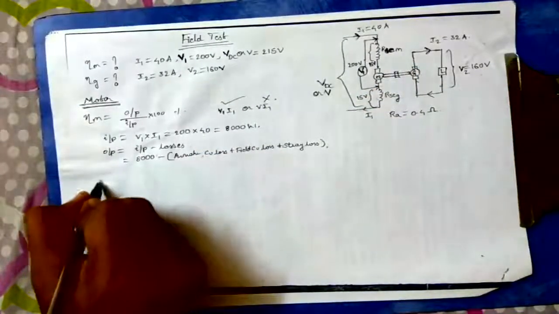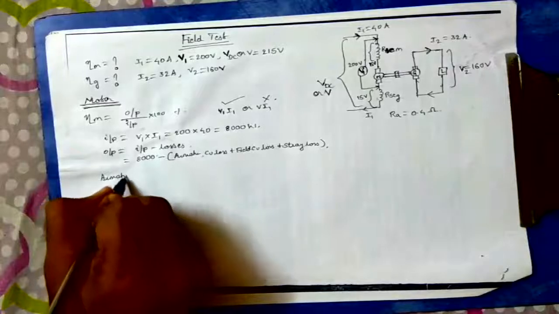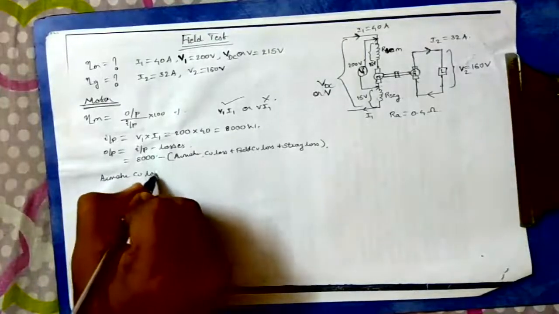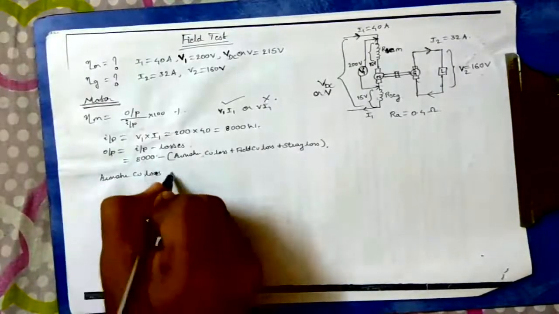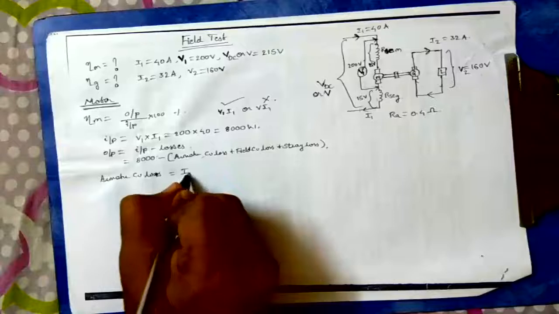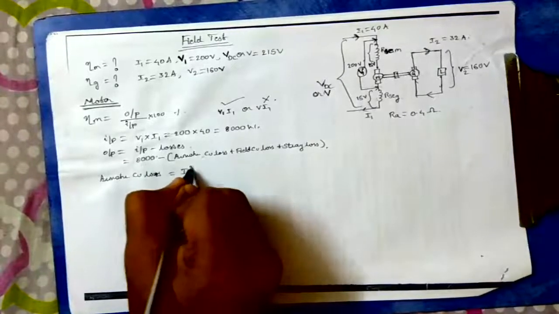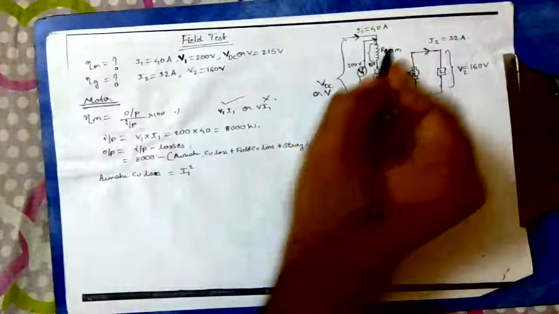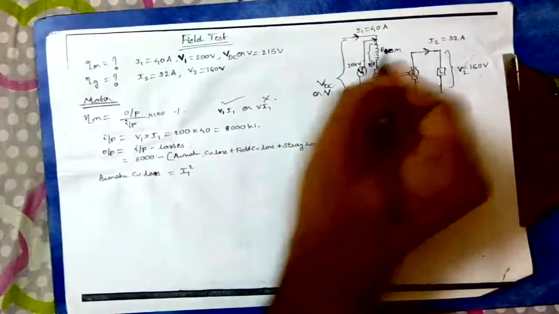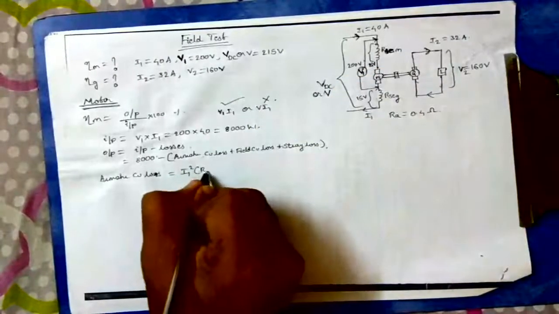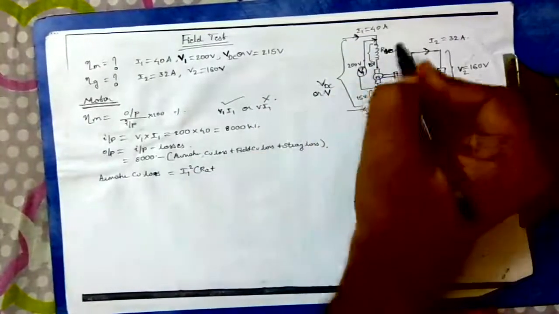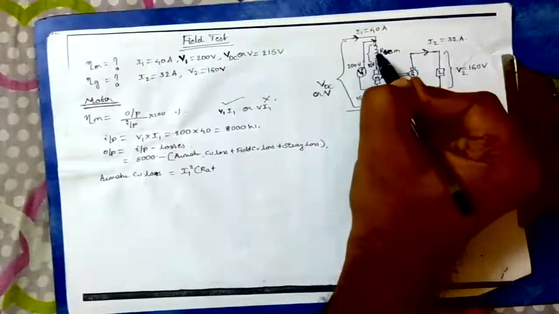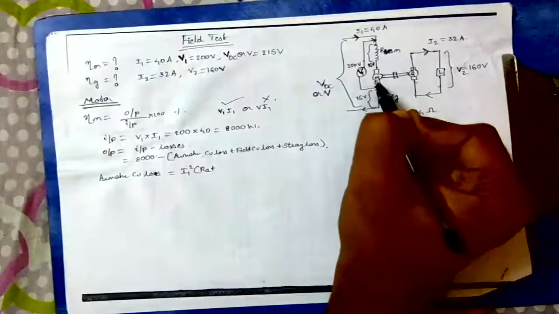So what I can write here is armature copper loss. With respect to the motor, that is I1 square, because it's the same current which flows in the armature part also. And what about here? It is RA plus RSC, yes or no? Because copper loss occurs in the field also, and in the armature also.